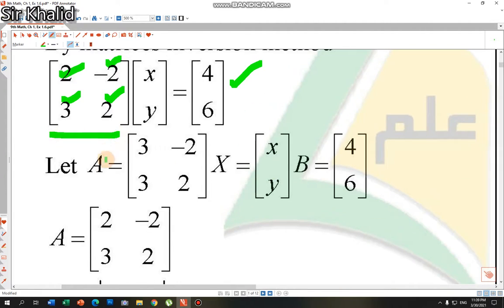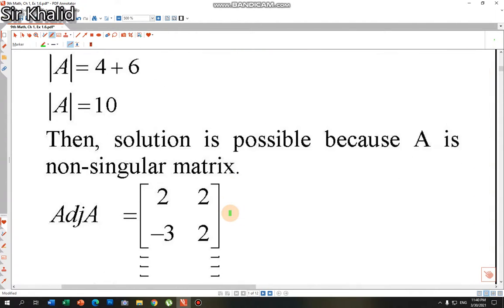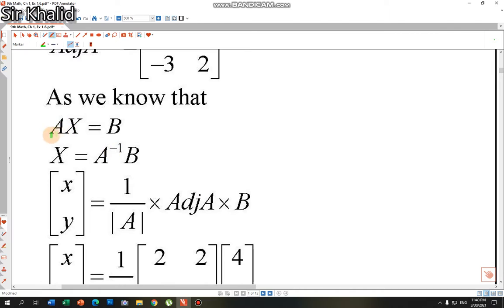Name this matrix as A, equal to 2, minus 2, 3, 2. Name this matrix as X, equal to x, y, and name this matrix as B, equal to 4, 6. Here you see AX is equal to B. We form this equation. Putting this A on the right hand side, it will give you A inverse.